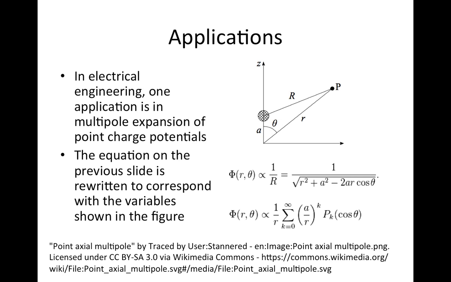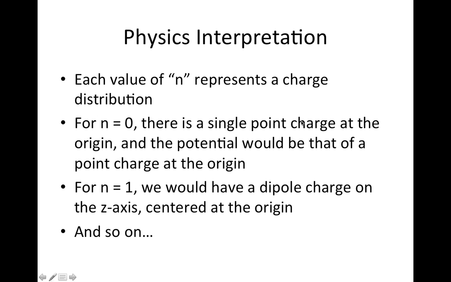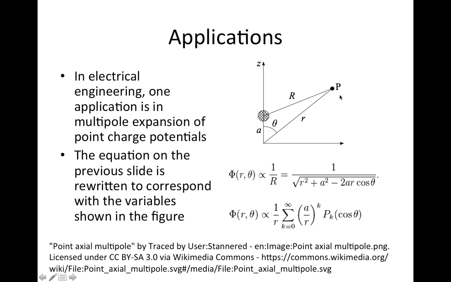In this class, for this series of lectures, you will have a project for this unit on differential equations. Your project will be to model this problem with the Legendre polynomials for a given value of a and little r. Part of what I'm interested in is, if you vary little r and look at different distances, at what point does this look like a point charge?